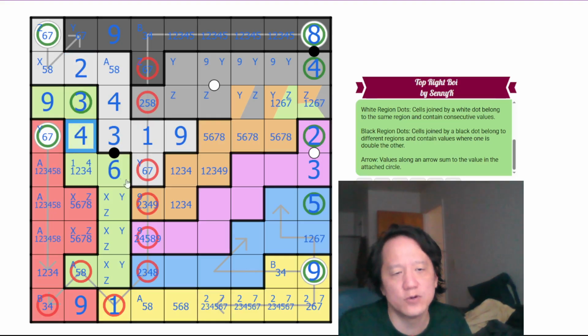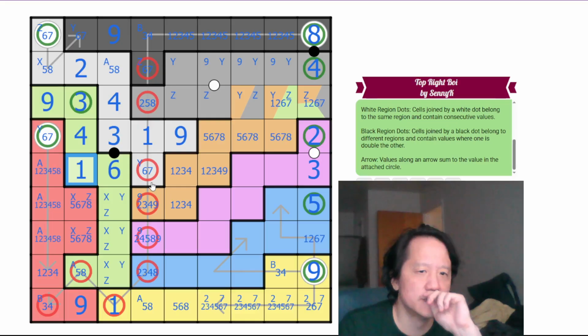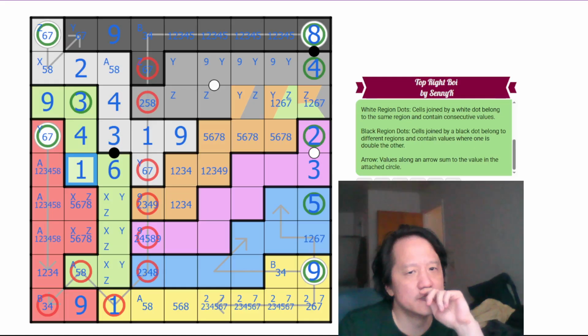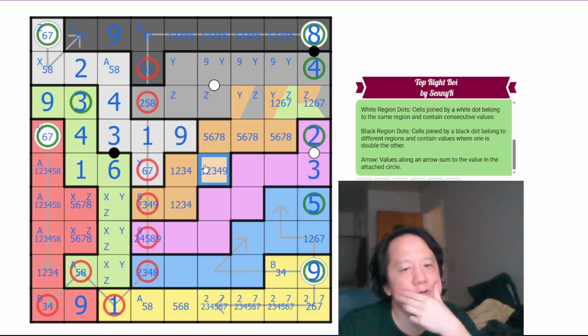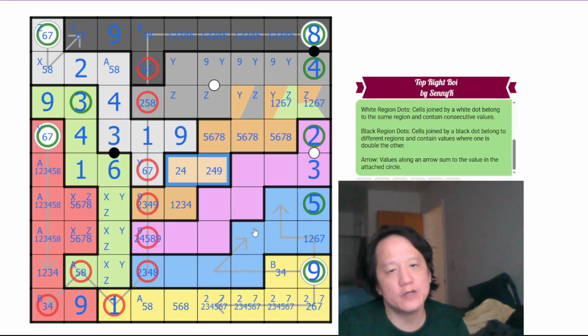That becomes 4. So that leaves that as 1. No 1 or 3 here.